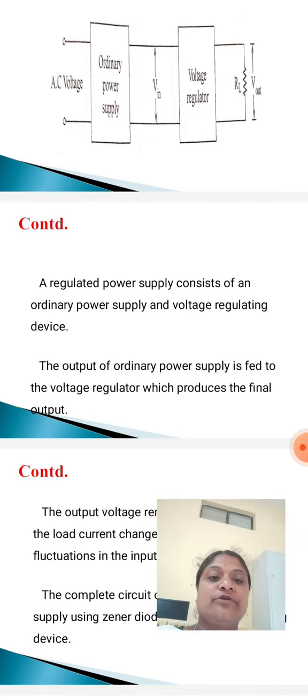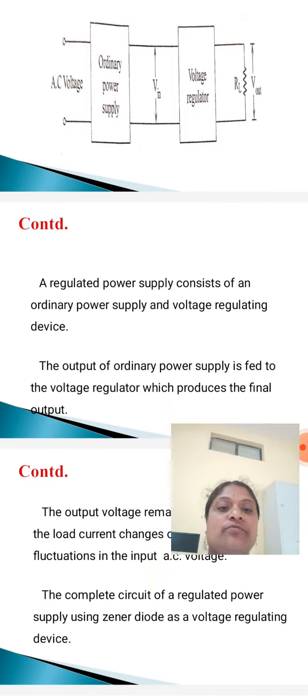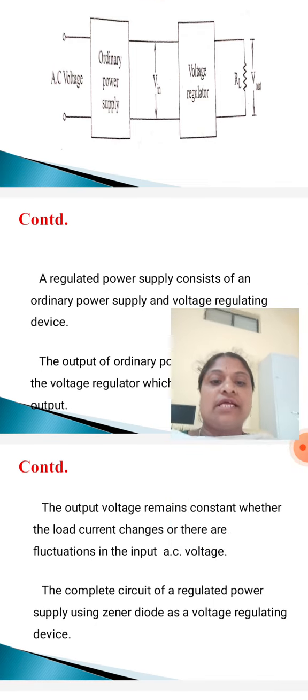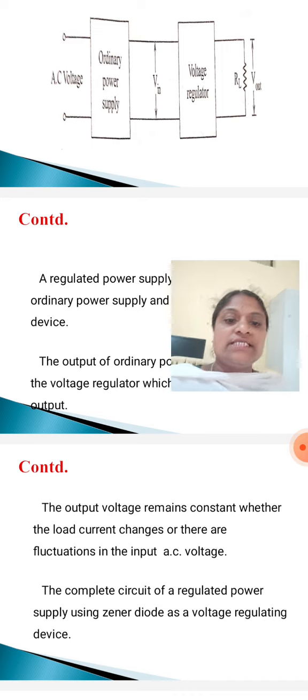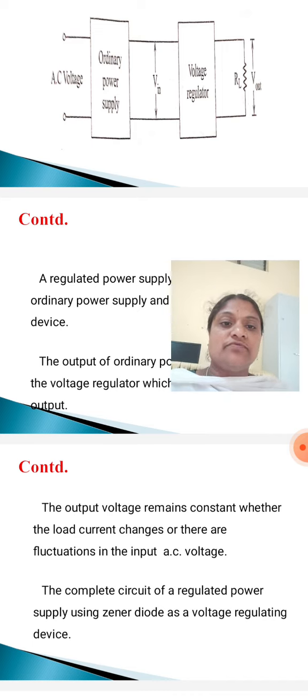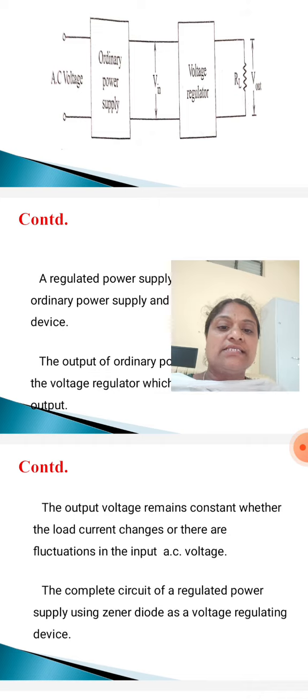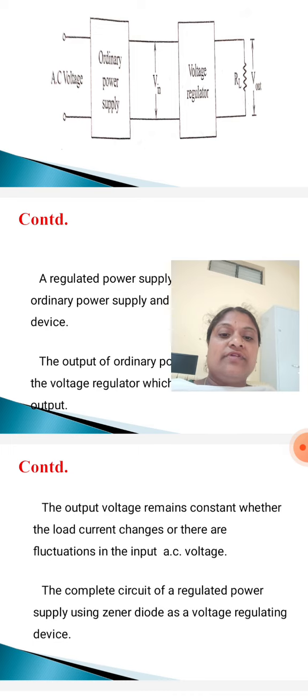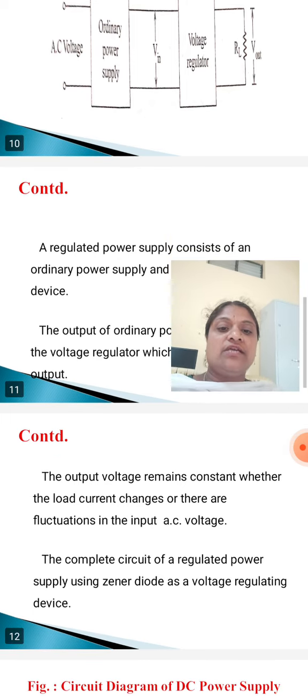The output voltage remains constant whether the load current changes or there are fluctuations in the input AC voltage.